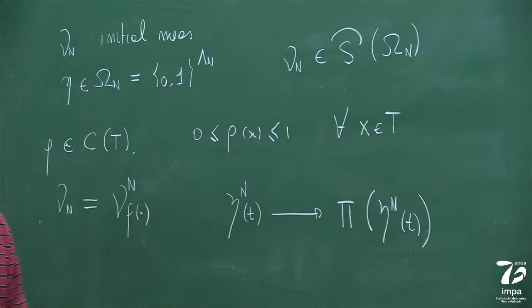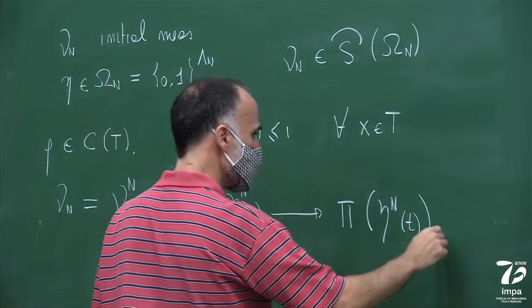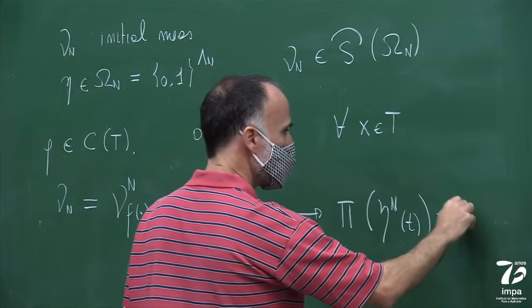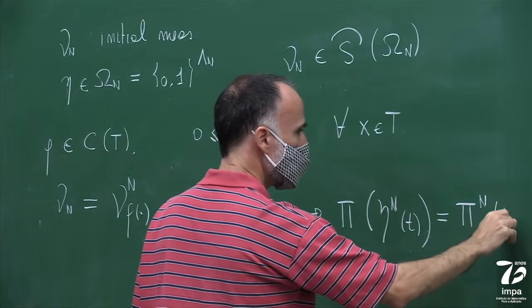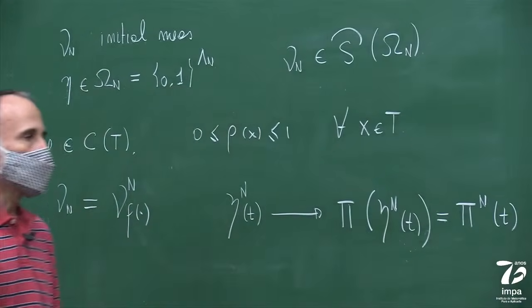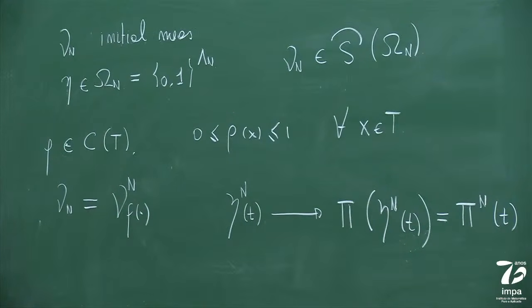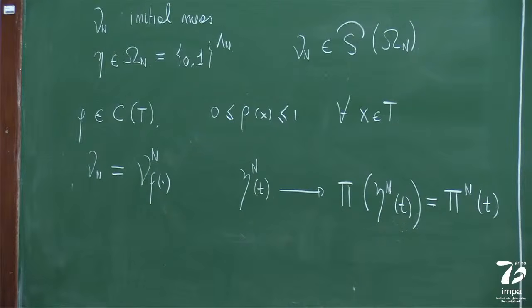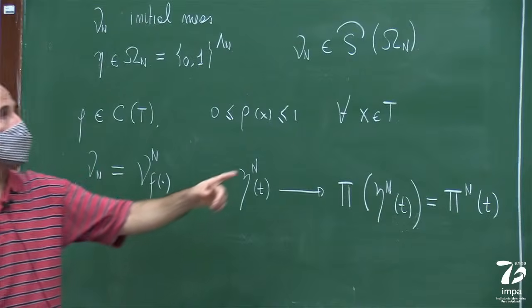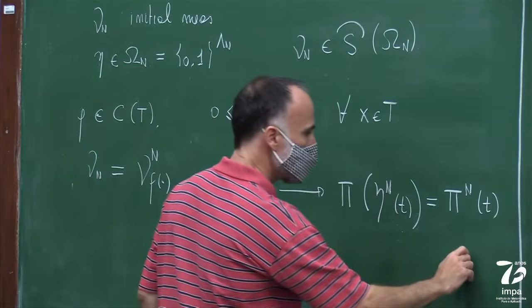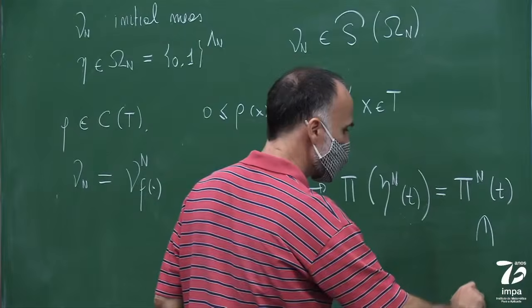So given this evolution of configurations, I apply pi, and I get the evolution of measures now. These are measures which are evolving in time. And I will call this object here pi n of t. So pi n of t is now a continuous time Markov chain. But instead of taking values in omega n, this process takes values in m.